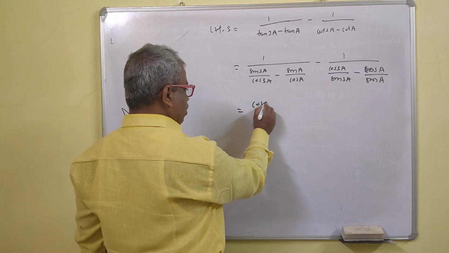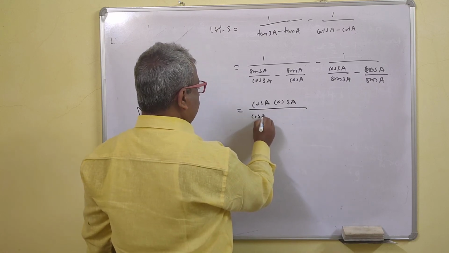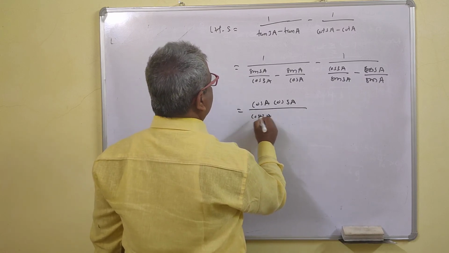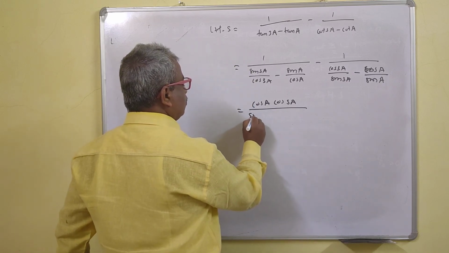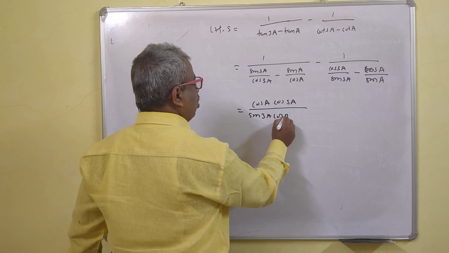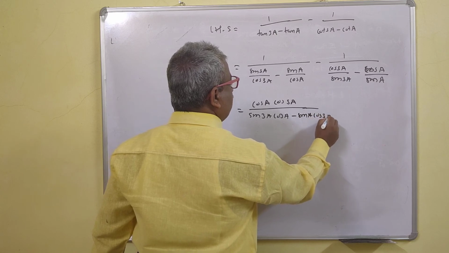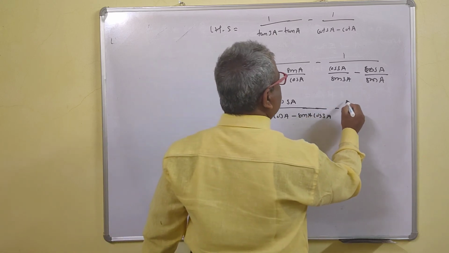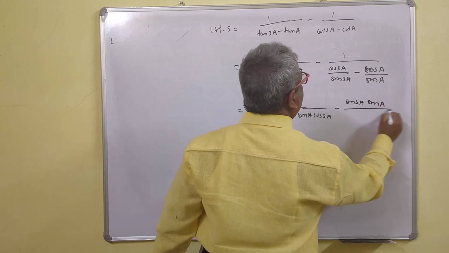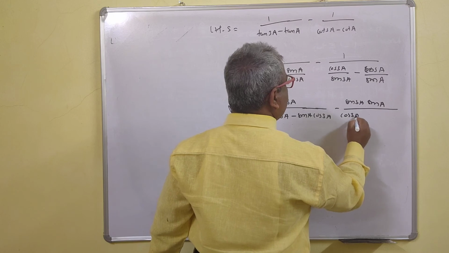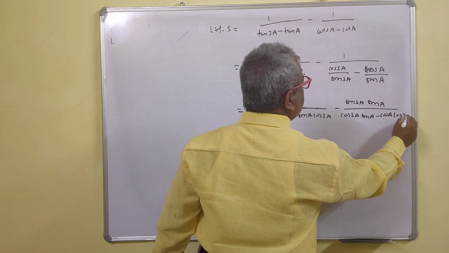Your numerator will be cos A cos 3A upon (sin 3A cos A − sin A cos 3A) minus sin 3A sin A upon (cos 3A sin A − cos A sin 3A).